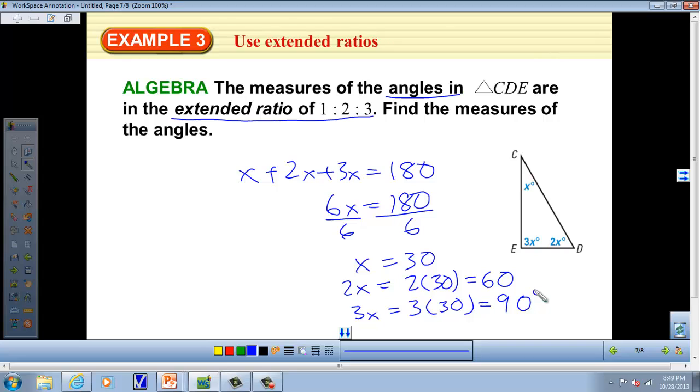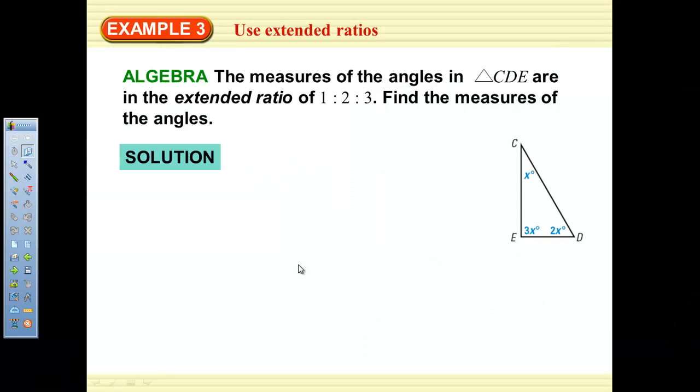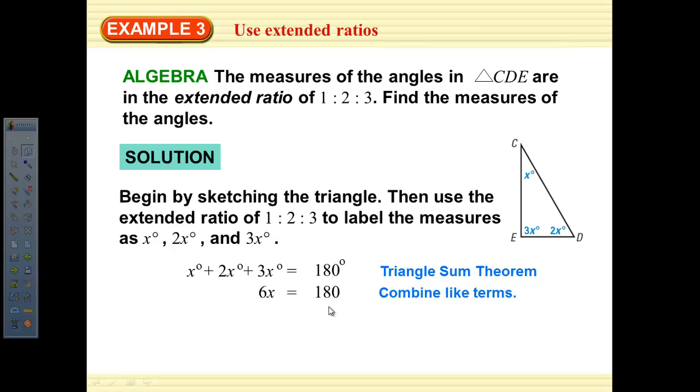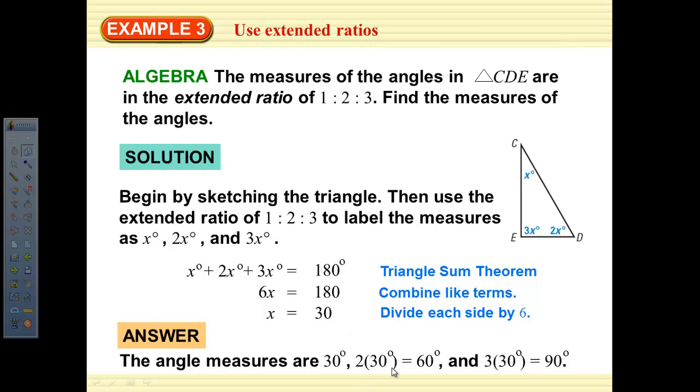So our 3 angles are 90 degrees, 60 degrees, and 30 degrees. And again, we use x, 2x, and 3x to represent the ratio of 1 to 2 to 3. And we use the triangle sum theorem. We get x equals 30. The other angles are 60 and 90.